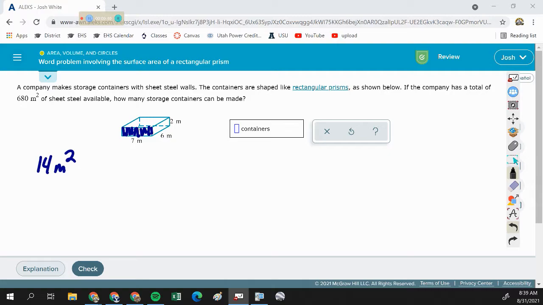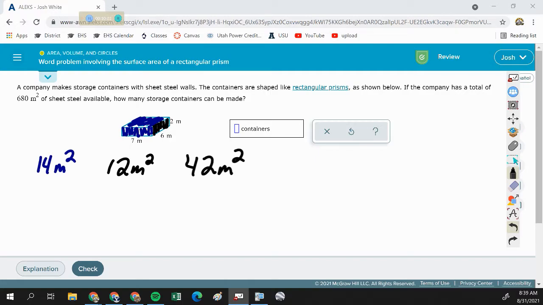And then we find the area of that, which is going to be 12 meters squared. And then we find the area of this, which is going to be 42 meters squared.